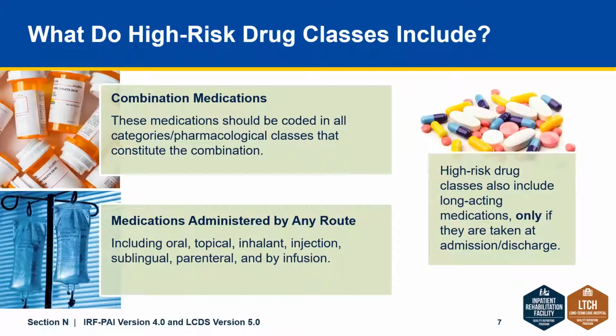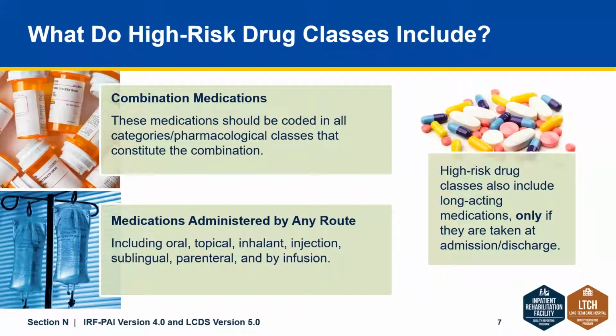So what do high-risk drug classes include? They include combination medications, which should be coded in all the categories and pharmacological classes that constitute the combination. For example, if the patient takes a single tablet that combines an antipsychotic and an antidepressant, then both antipsychotic and antidepressant categories should be coded.